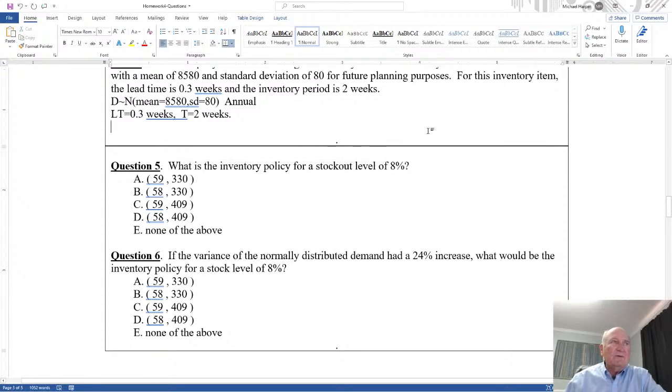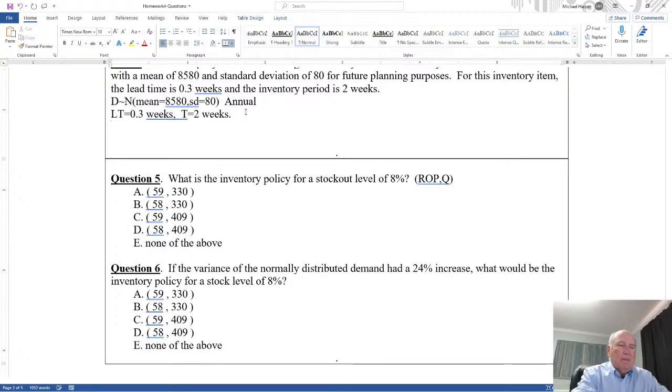Now notice this is continuous review. So we want ROP, comma, and Q. The idea here is ROP is going to equal our mean times our inventory period plus our statistical safety stock.